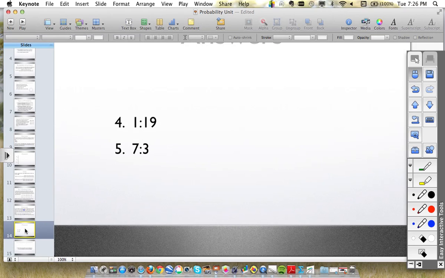All right, so here are the 2 answers for the questions regarding odds. And again, I put the answer using colons. You could write the answer using the word to, or putting it in fraction form.